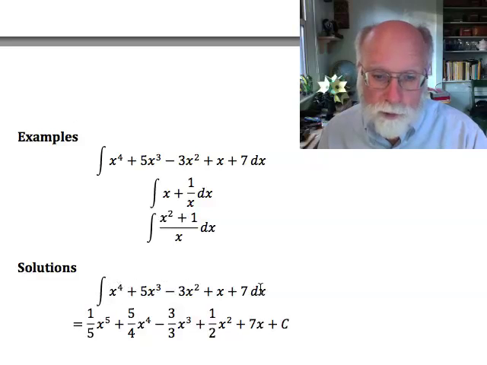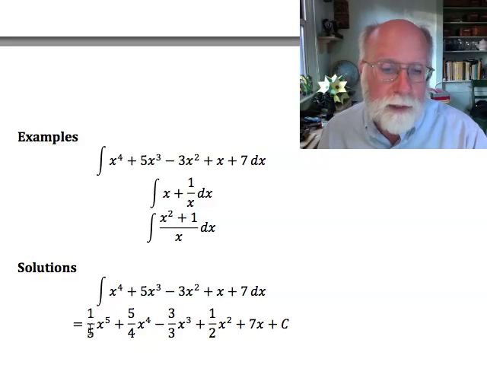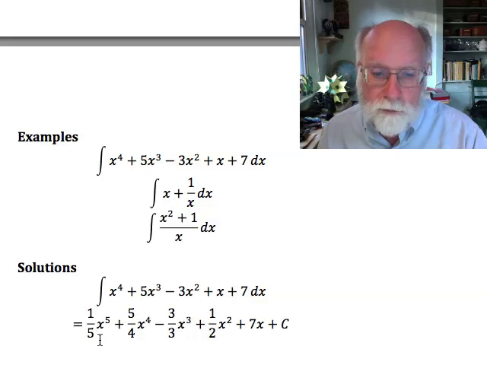So we just work our way down this polynomial, and we get 1 over 5 x to the 5th, which is the integral of x to the 4th. We get 5 over 4 x to the 4th. The derivative of 5 over 4 x to the 4th is 5x cubed. We'll get here minus 3.